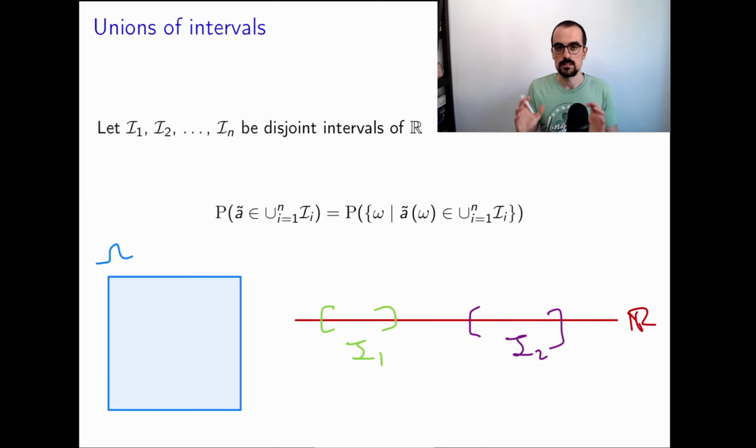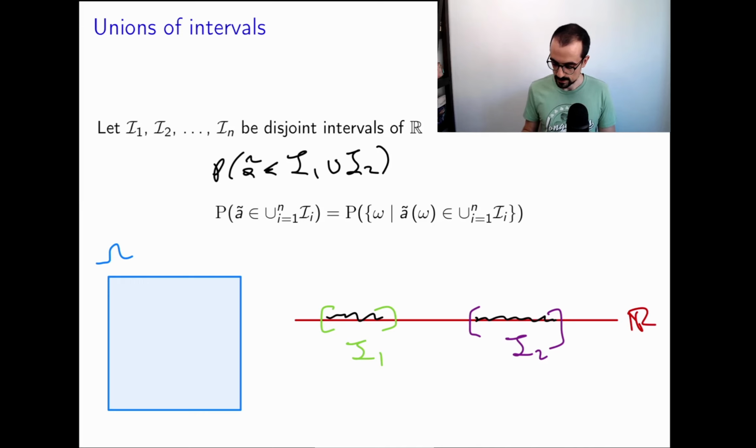I'm modeling this continuous quantity that can be on the real line, and I'm interested in the probability of the union, basically, that the random variable, I'm going to use black, is either here or here. So I'm interested in the probability that A is in the union of I1 and I2. This is the more general case where we have n intervals.